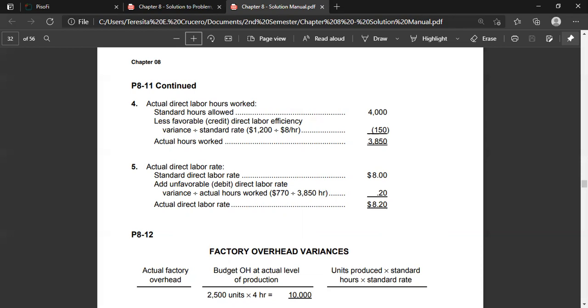We divide it by 3,850, and we have to add this to your standard direct labor rate. So we now get 8.20. That's 8-11. Then we go to 8-13.